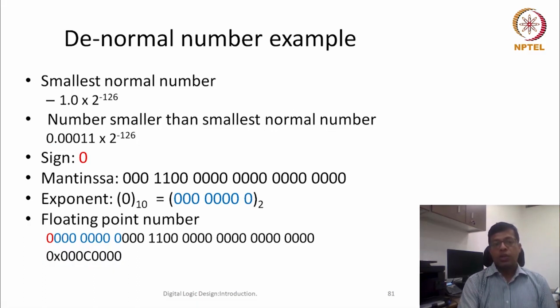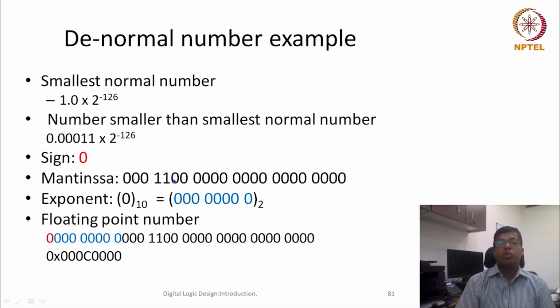So the sign is 0, the mantissa is 00011, and after that all zeros. The exponent, we clearly said for d-normal numbers, is 0. So I can collect all the bits and the number can be represented using 0000, again 0, again 0, and then 1100.